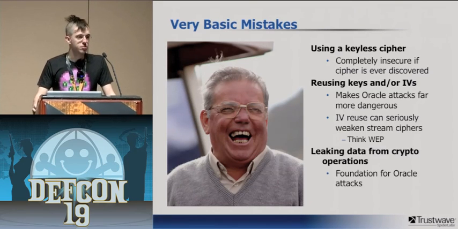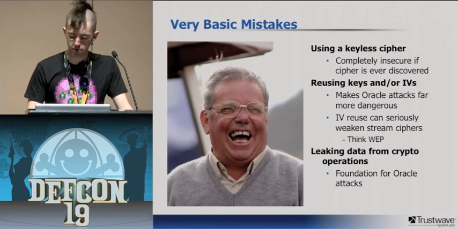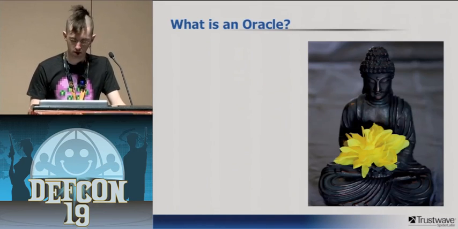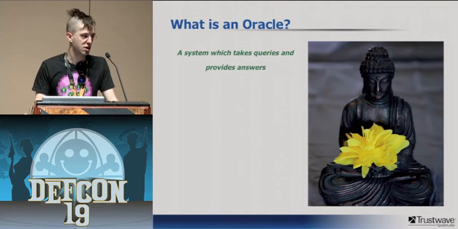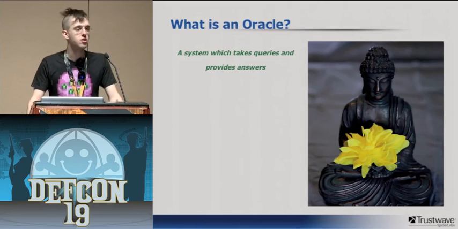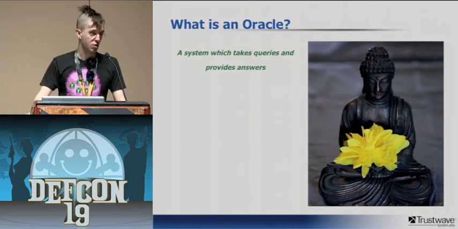And leaking data from crypto operations, that sort of builds the foundation for Oracle attacks. So I've said the word Oracle several times, and now I'm going to give you a vague and generalized definition and then clarify a little bit. An Oracle is any system that takes in user input, processes it, and gives the output.